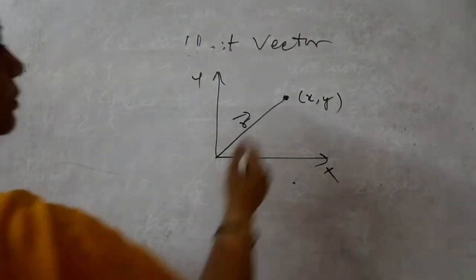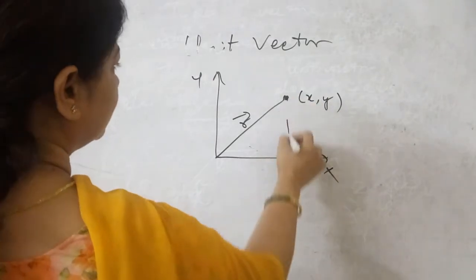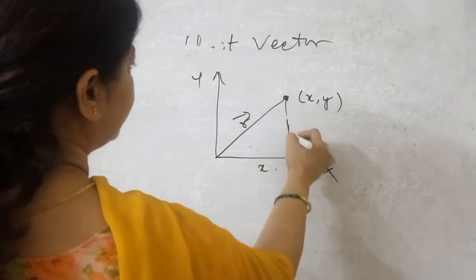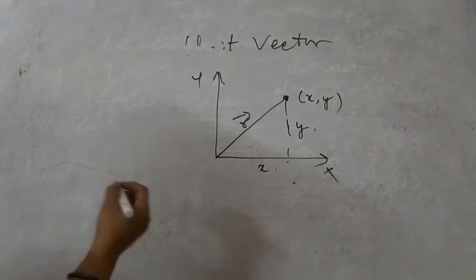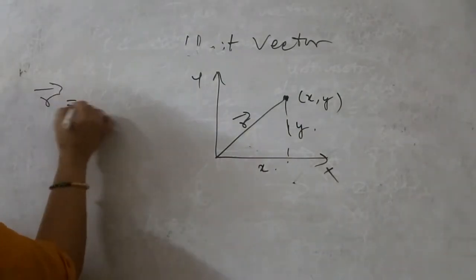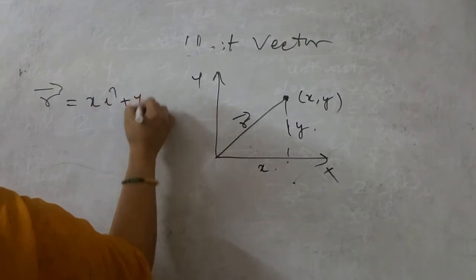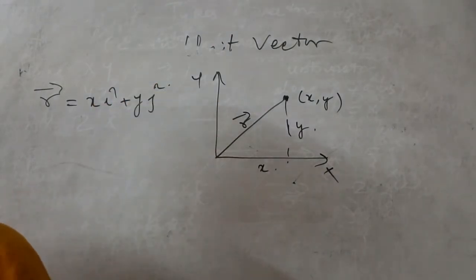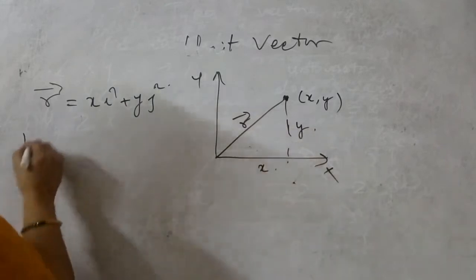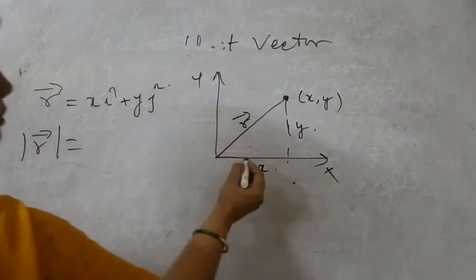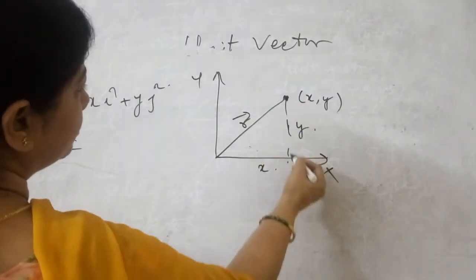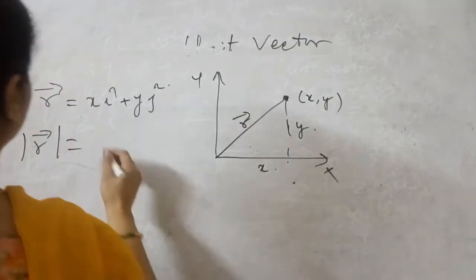Fine. So coordinate simply means till your distance is x and till your distance is y. So how can you represent this r vector? You can represent this r vector as equal to x i caret plus y j caret, right? And if you want to find out the magnitude, by Pythagoras theorem, this is the root of x square plus y square.